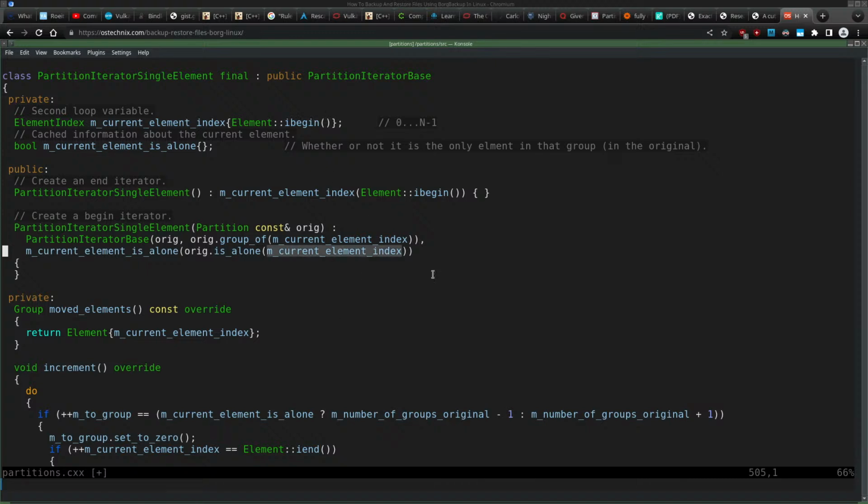And that uses mCurrent element index, which was not initialized. It says, well, it should have been. Why would I expect this to be equal to element I begin if I don't mention it? Okay, this is confusing the hell out of me.